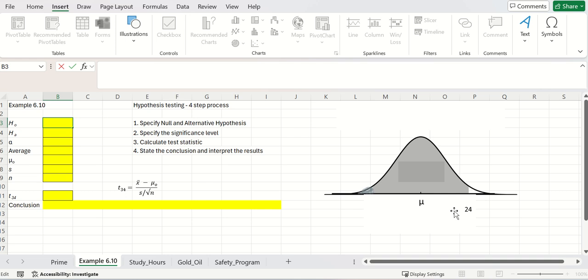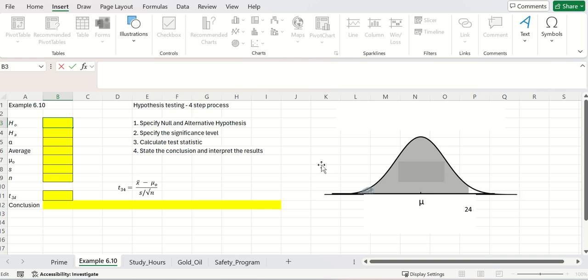There are 4 steps that we normally go through to conduct hypothesis tests. The first one is to state the null and the alternative hypothesis. The null hypothesis usually says what the status quo has been in the past. In this case, our null hypothesis is that the current mean is greater than or equal to 24.